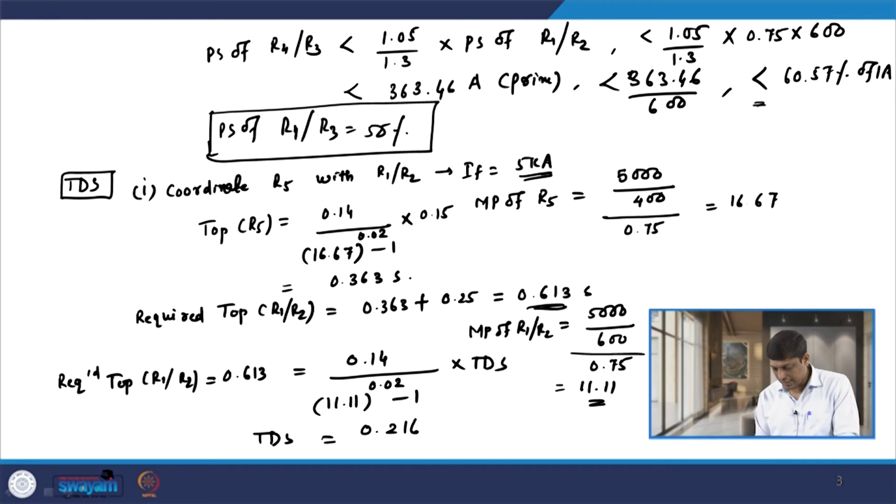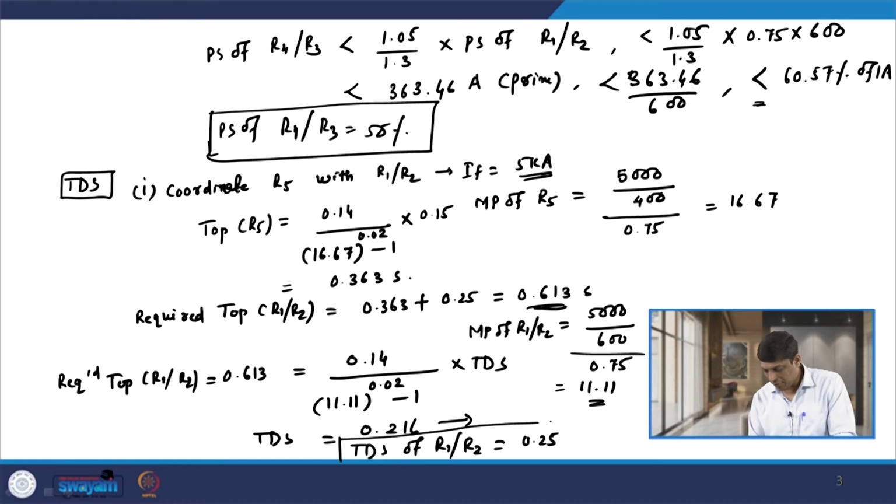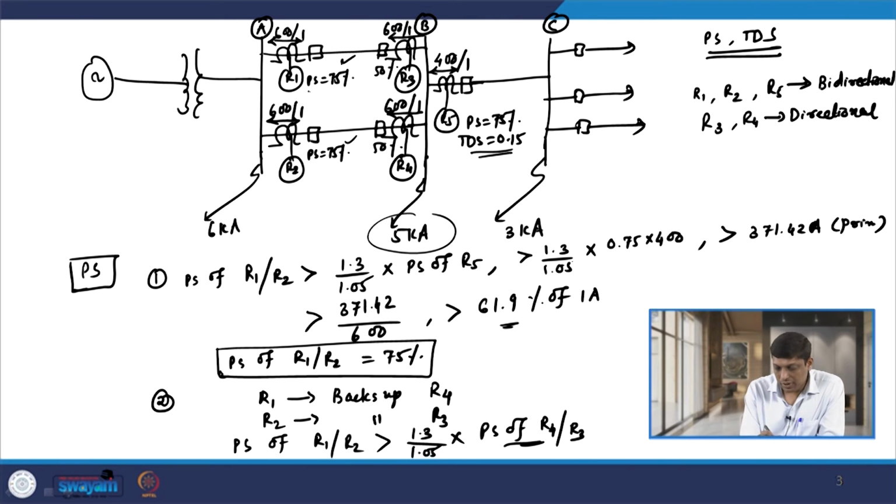So, we can select the TDS of R1 oblique R2, that is the next higher range available, that is 0.25. So, we can write down the TDS here, that is 0.25, and TDS here, that is also 0.25.